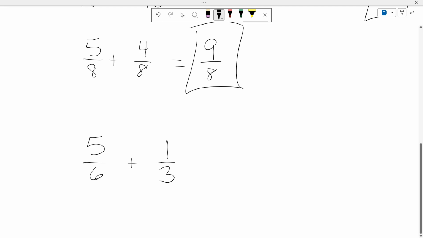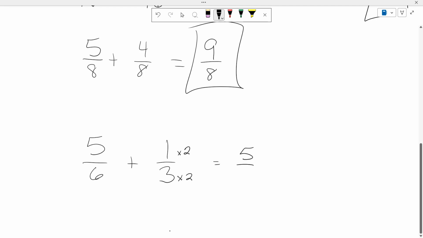So 6 and 3. Can you multiply 6 by something to make 3? By a whole number? And the answer is no. Can you multiply 3 by something to get 6? Yes, you multiply it by 2. So if you multiply the bottom by 2, you have to multiply the top by 2.